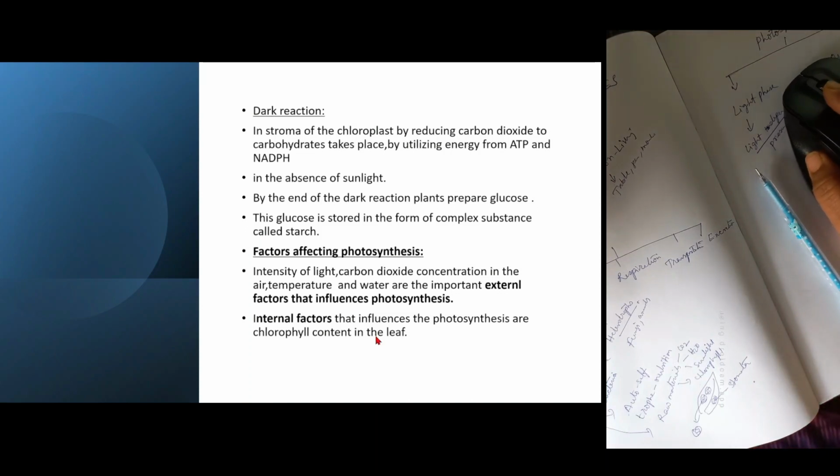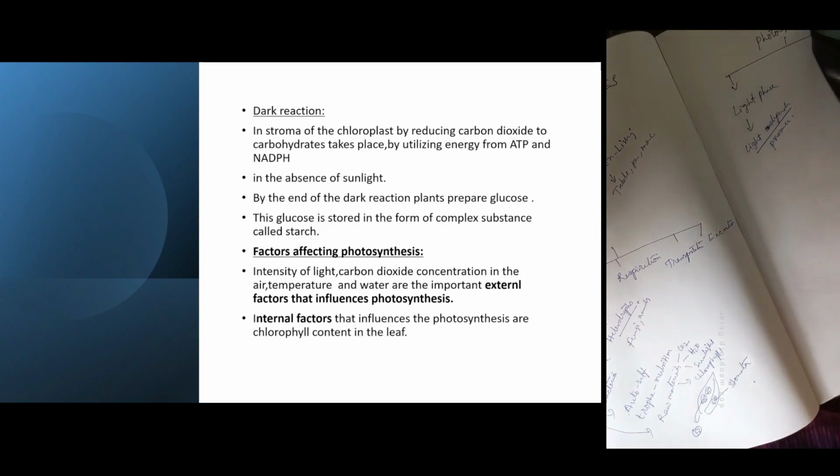What are the factors affecting photosynthesis? The factors are external factors and internal factors. So, for photosynthesis, there are two factors. Factors affecting photosynthesis: external factors, internal factors.